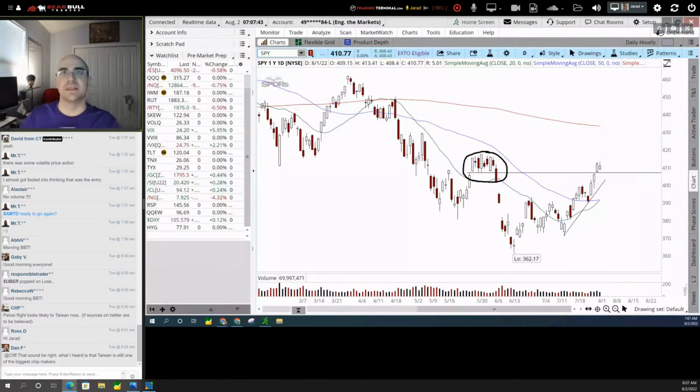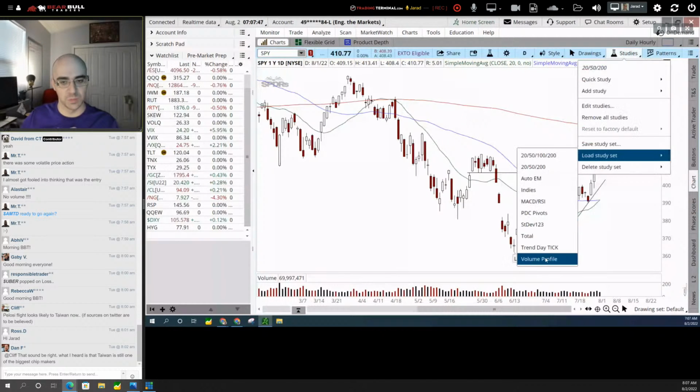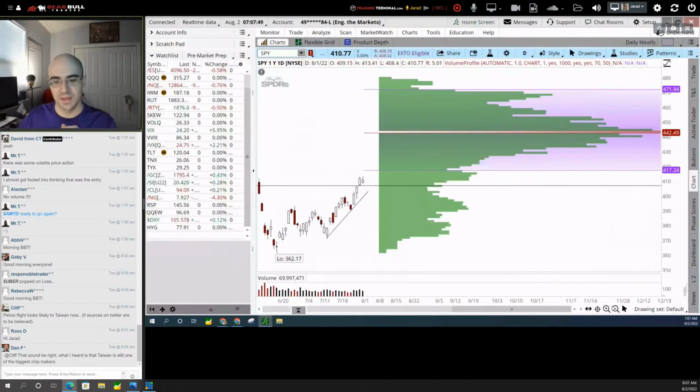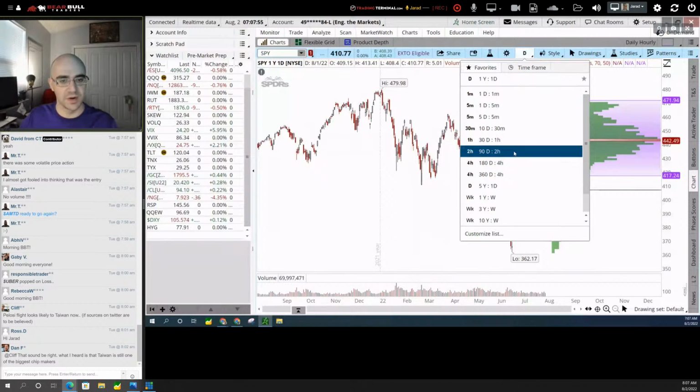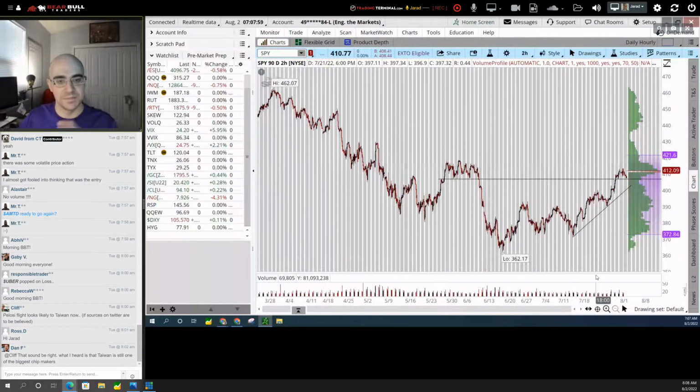And whenever you're in these areas, you often want to be looking at volume profile as well to get a clue as to how strong this value node happens to be. I'm going to go ahead and bring it just to a 90-day. And the reason being is I've reduced a little bit of the data, especially to the upside, closer to previous highs.